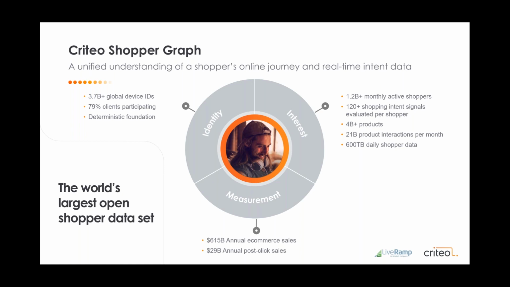On the other side, on the marketing side, you've got the walled gardens like Google and Facebook that have great scale, but they're not always the most forthcoming in terms of sharing data, and so it can be difficult to attribute the results of marketing on those walled gardens because you sort of have to take their word for it. So our approach is, let's build an open data set that has the scale, but that lets you kind of independently verify that your marketing is doing what you think it's doing and what you hope it's doing.